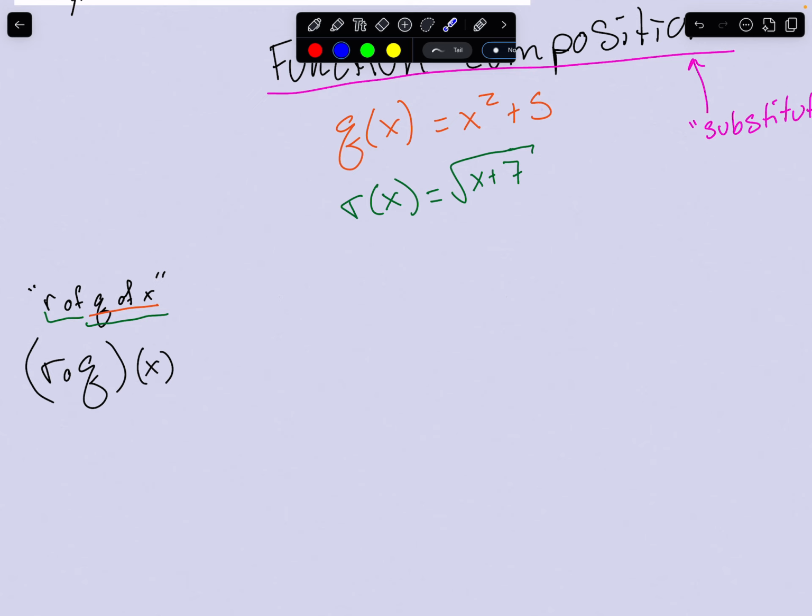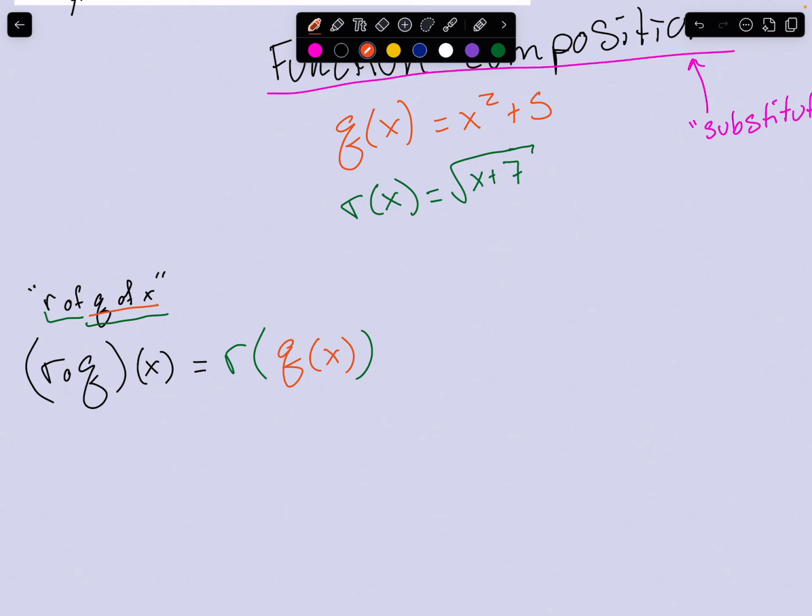So let's see what happens. When I expand this out, this is what it looks like, r of q. This is what it looks like when we have it foiled up. So if I expand this out, and this is where I'm going to color code it, r of, and inside of that, q of x.